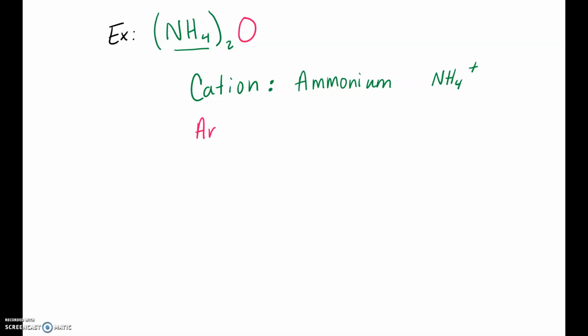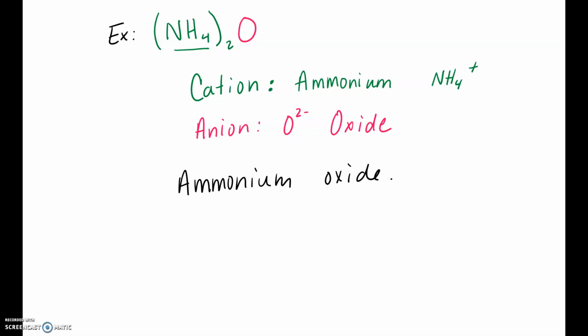And then the anion is oxygen, but oxygen is O2 minus, and the name of that ion is oxide. Okay, and so when we put it together as a whole name for the entire compound, we name it ammonium oxide. Okay.